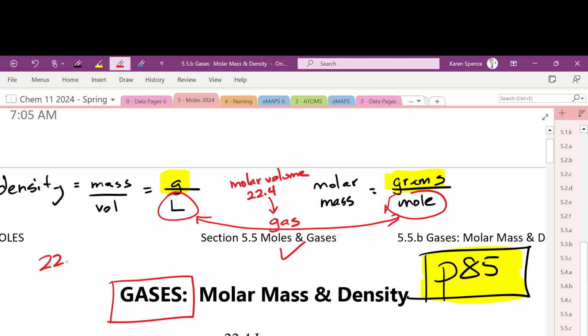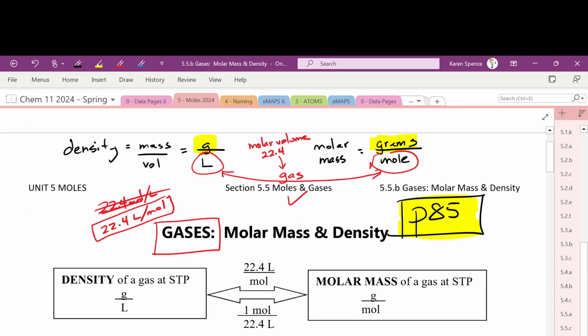Is it 22.4 moles per liter, or is it 22.4 liters per mole? This one. Okay, not that one. So you can convert back and forth between density of a gas and molar mass of a gas. So we now have three ways of calculating molar mass.